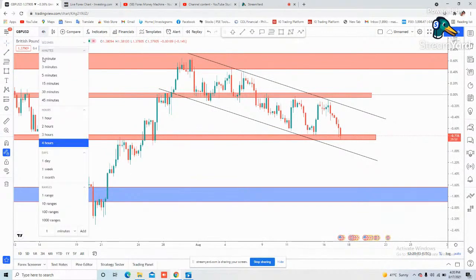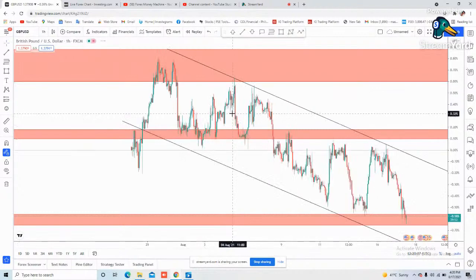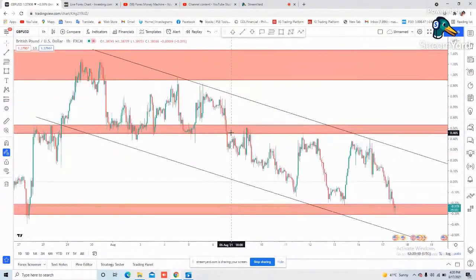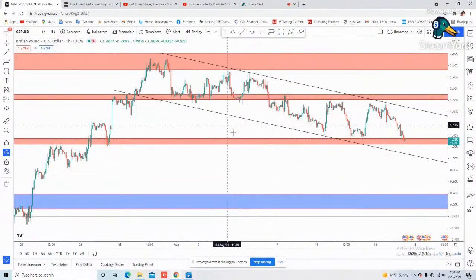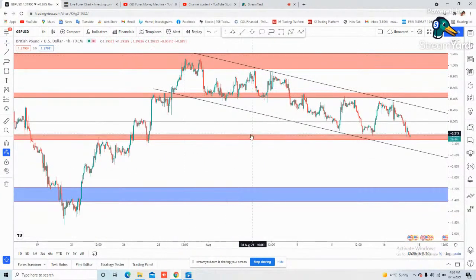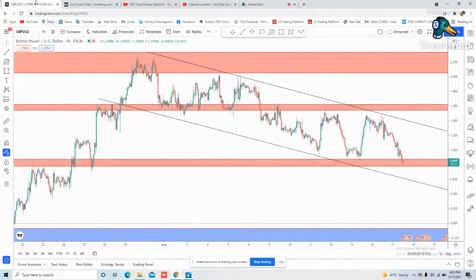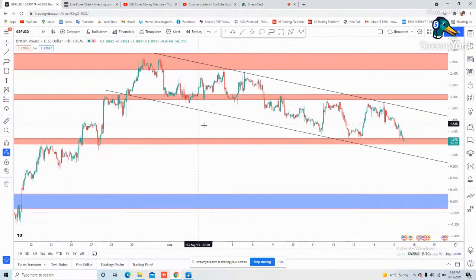Let's go to the 1 hour. Yes, you see how it is a very big help, the support and resistance. Don't forget this, guys. Support and resistance is very important for you to have a better view, good bias, and to have a good trade plan.